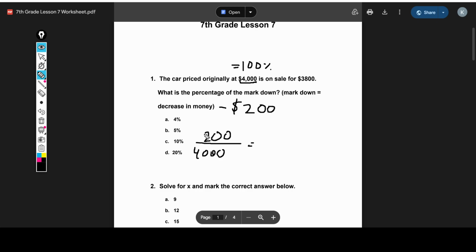We're seeing what portion of 4,000 it is. If you do this, you'll get 1 over 20, which as a decimal is equal to 0.05. And 0.05, you should be able to convert into a percent. It's 5%. So the percent markdown is 5%.